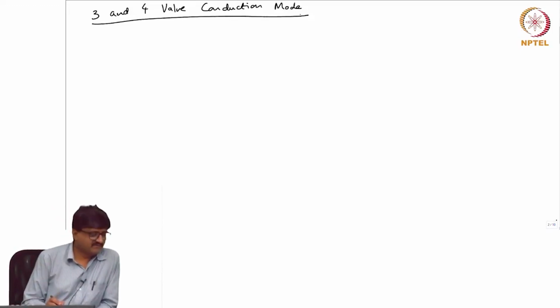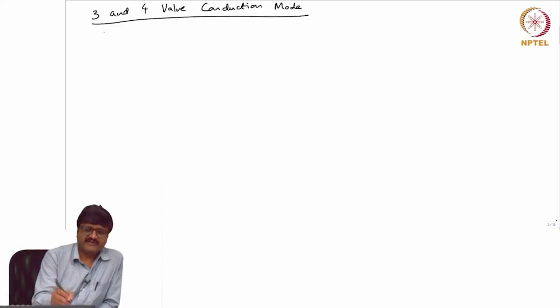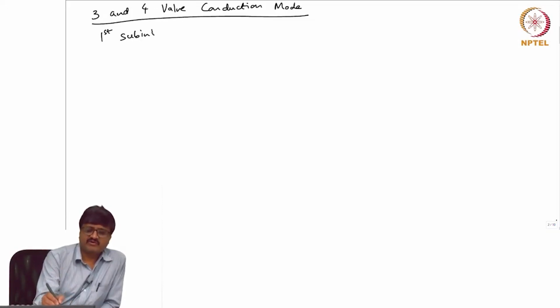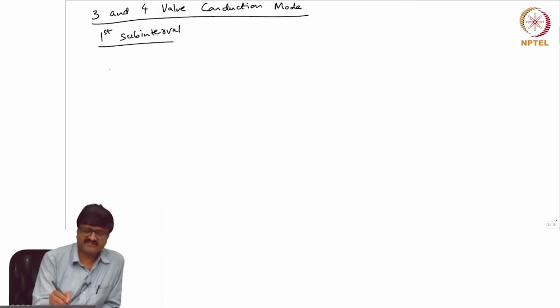So, again what we will first do is try to take the first subinterval and draw an equivalent circuit showing only those elements that conduct non-zero current.